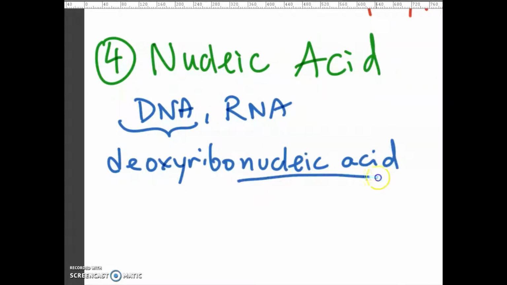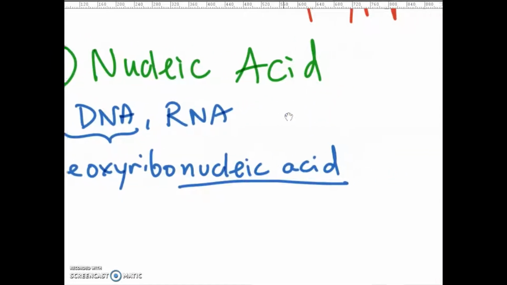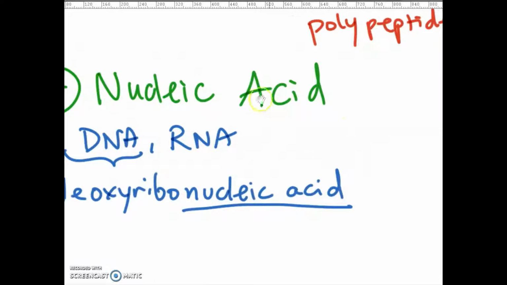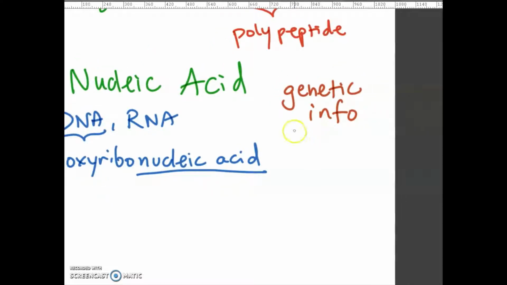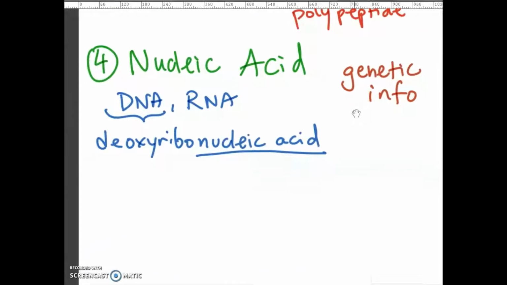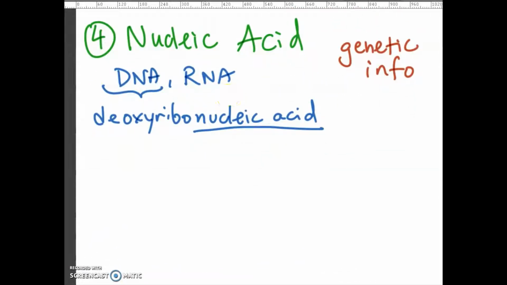So the nucleic acid part is already in the name. Your DNA and RNA, the reason why they are important is because they are used to store genetic information. Your genetic information are things like your hair color, your eye color, and so on and so forth. Now the structure of these, they do come in monomers as well, but their monomers have 3 parts.